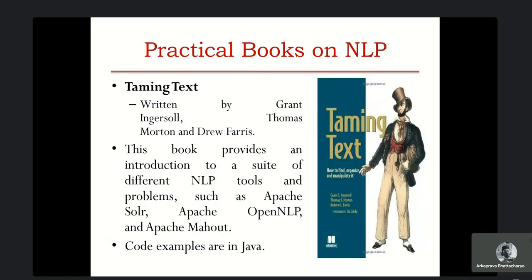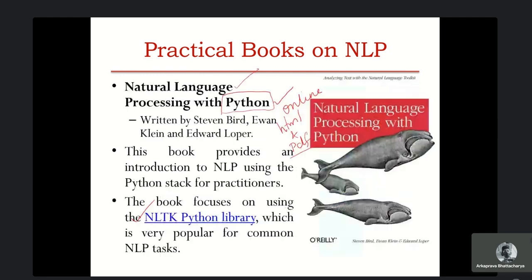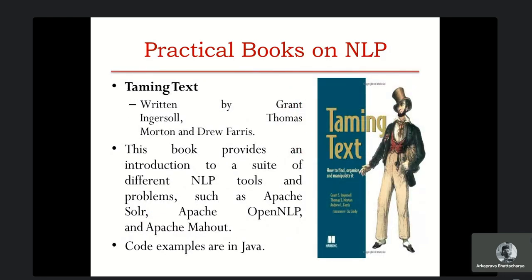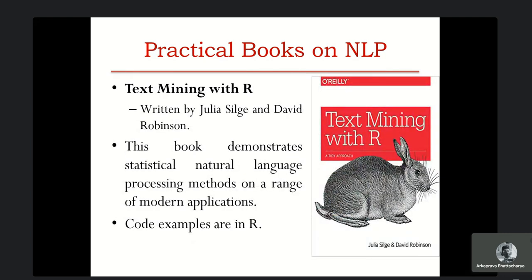Next, you have Taming Text. This is with respect to Java. If you are not into Python, you can use Taming Text to deal with natural language processing in Java. Then you have Text Mining with R, R being a statistical mining tool.